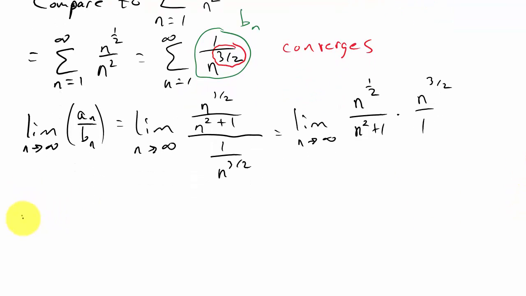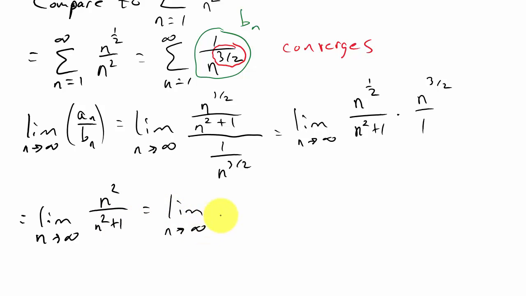So when I multiply, I get the limit as n goes to infinity. And when I multiply these, I get n to the 1/2 times n to the 3/2. Remember, you add the exponents when you have like bases. So 1/2 plus 3/2 is 4/2, which is just n squared, over this times 1, which is n squared plus 1. And so this is equal to the limit as n goes to infinity.